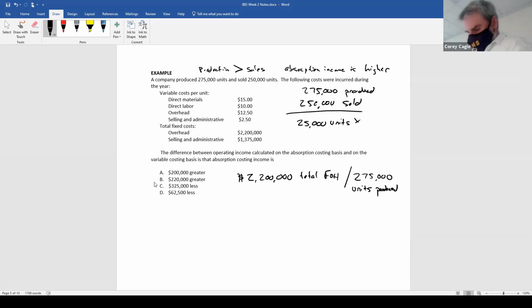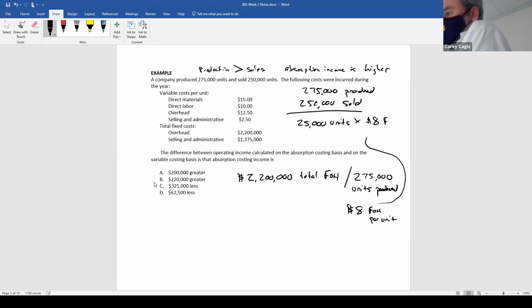$2.2 million divided by 275,000 gives $8 fixed overhead per unit. All right, so now that we've done that, stick it up here. That's the only difference in the two methods, right? So 25,000 times 8 is $200,000.